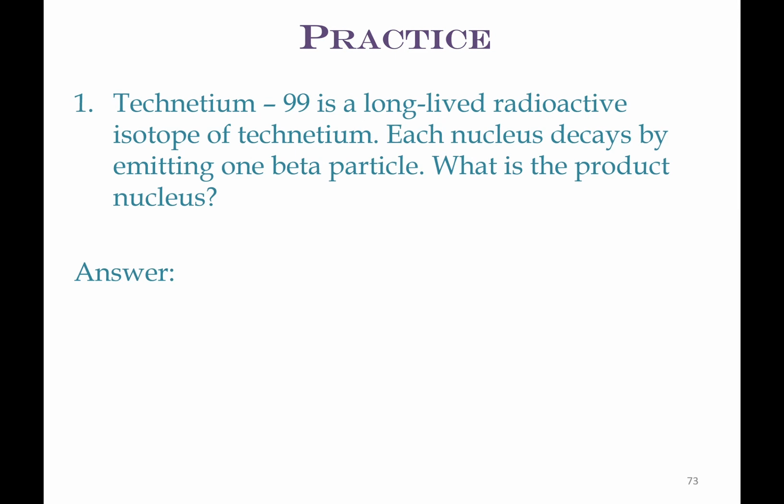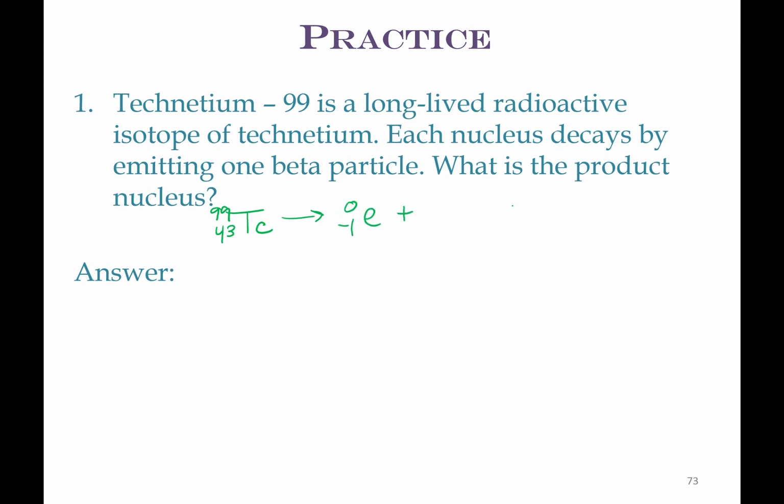Practice it, pause it, and practice it. Technetium-99 is a long-lived radioactive isotope of technetium. So who can find technetium on the periodic table? It is number 43. So Tc, 43, 99. Each nucleus decays by emitting one beta particle.